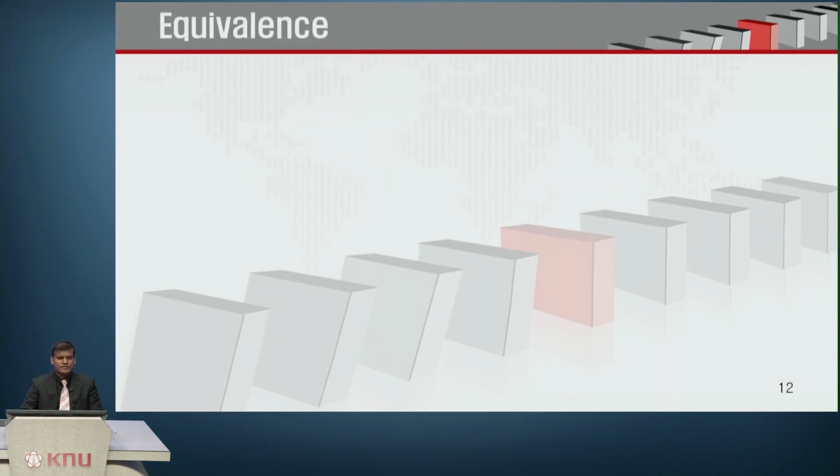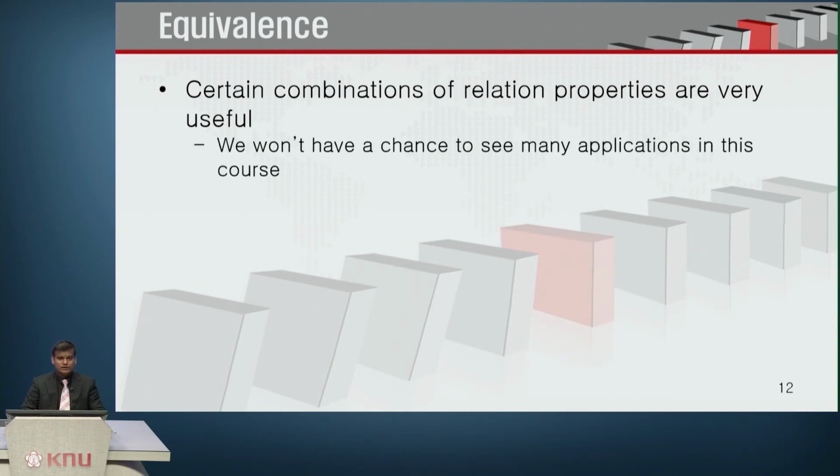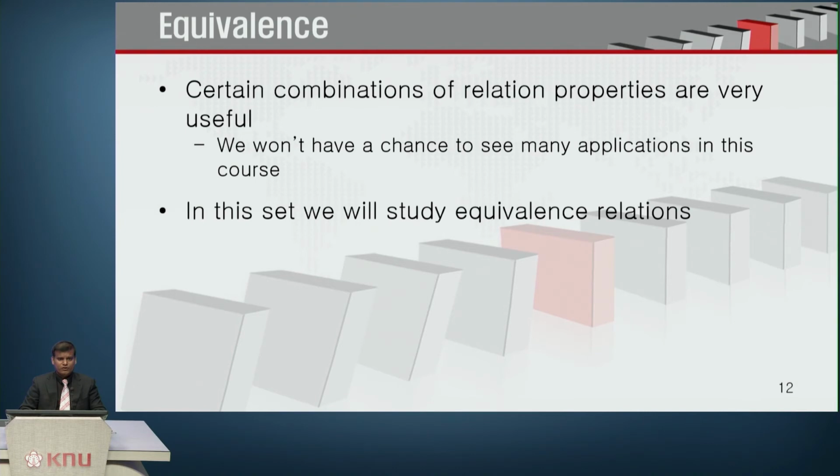Let's talk about some more information on the equivalence part of these relations. A certain combination of relations can be very useful. We don't really consider many of these combinations in our course, but we will be considering some applications.